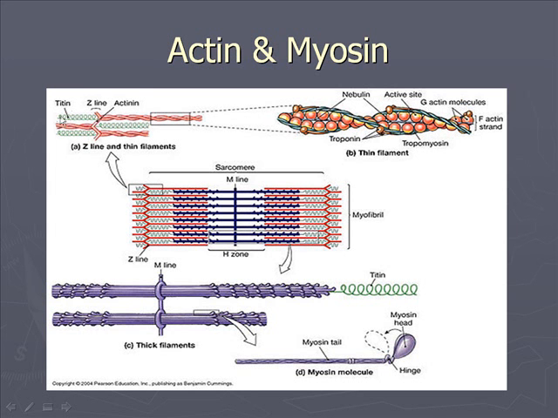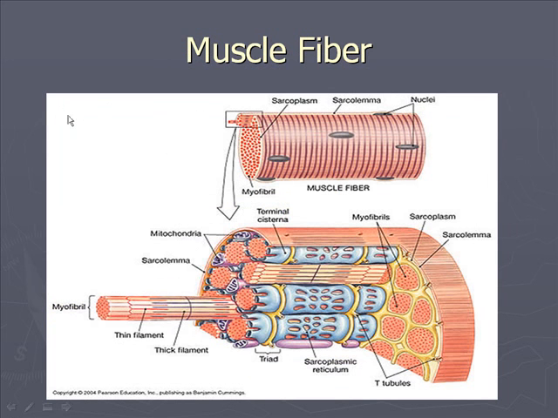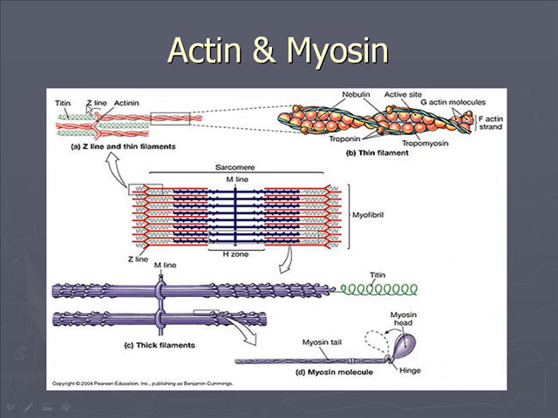When the thin protein filaments contract, it actually will pull a series of muscle fibers in this direction, say toward the left, and then it will also pull a series of muscle fibers to the right. And thus, these two muscle fibers will overlap. And that's what causes a muscle contraction to take place.